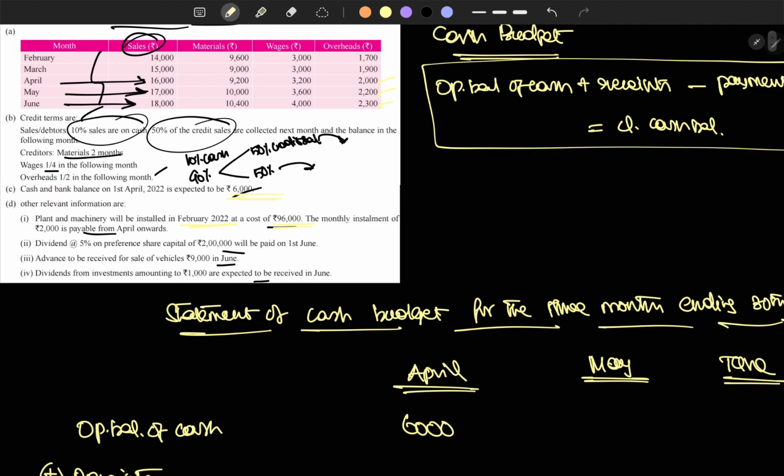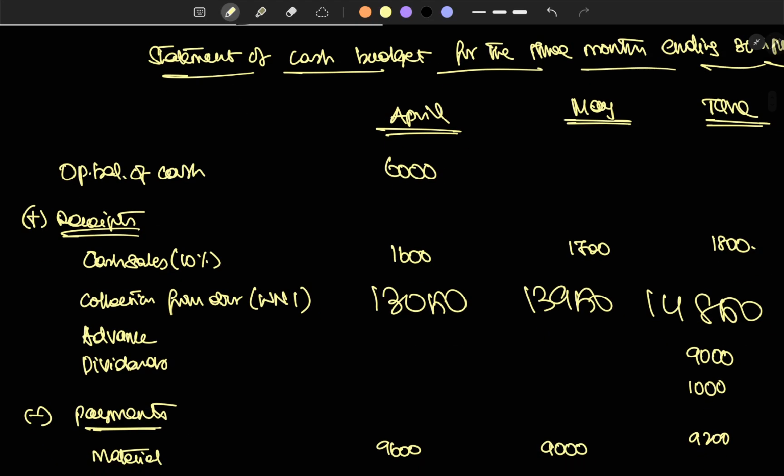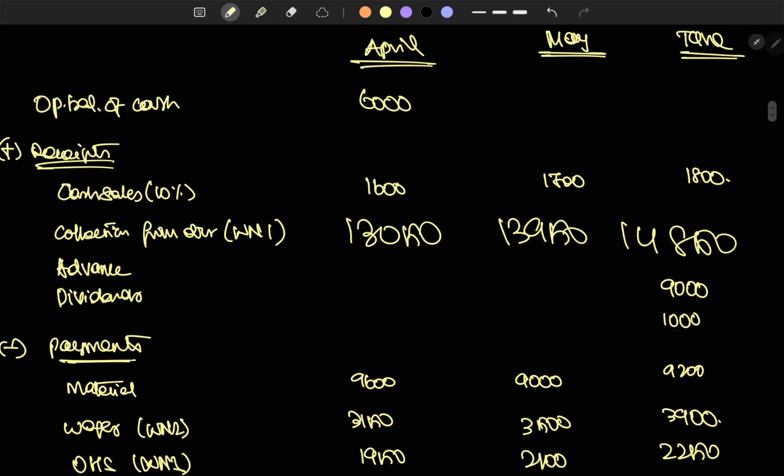Advance to be received for the sale of vehicles, 9,000 in June. And dividends from investments, we receive dividends which is 1,000. That's it, right?